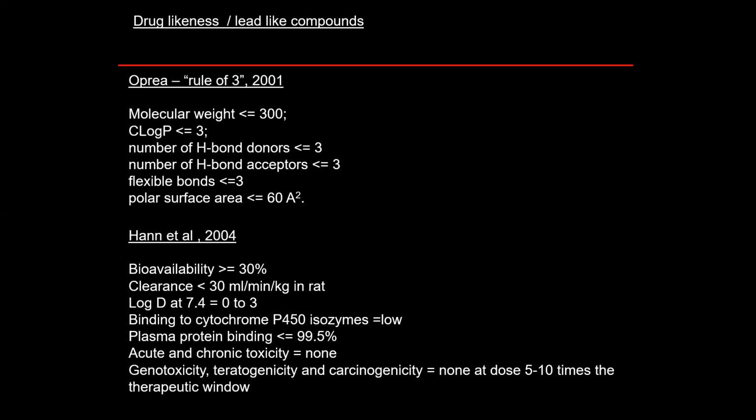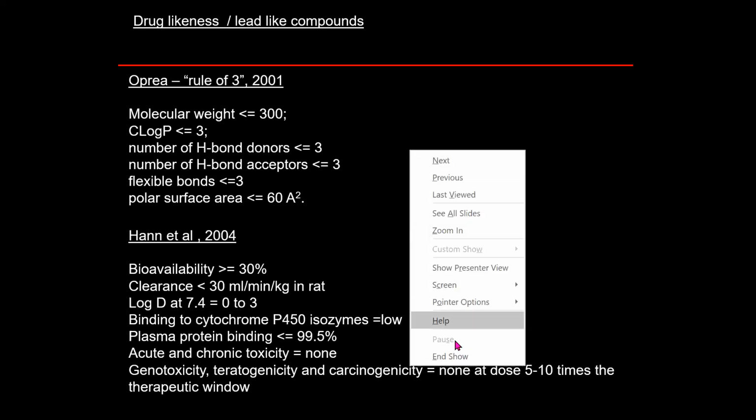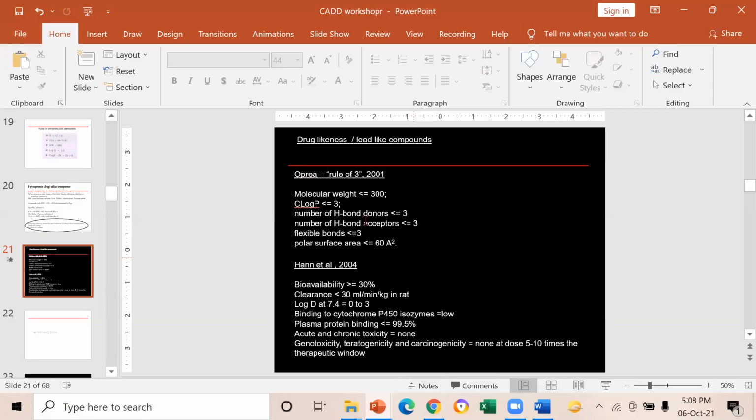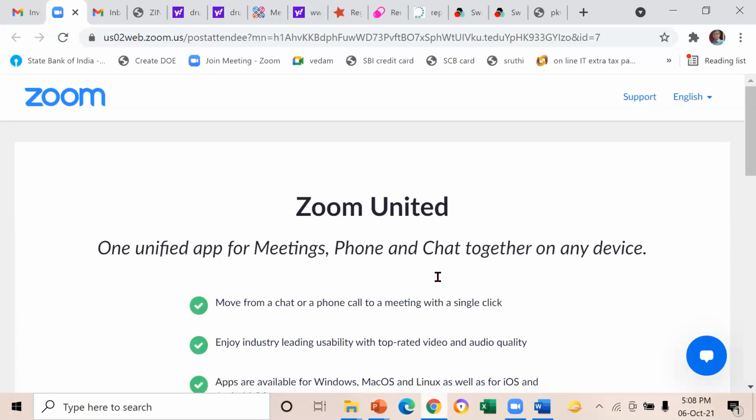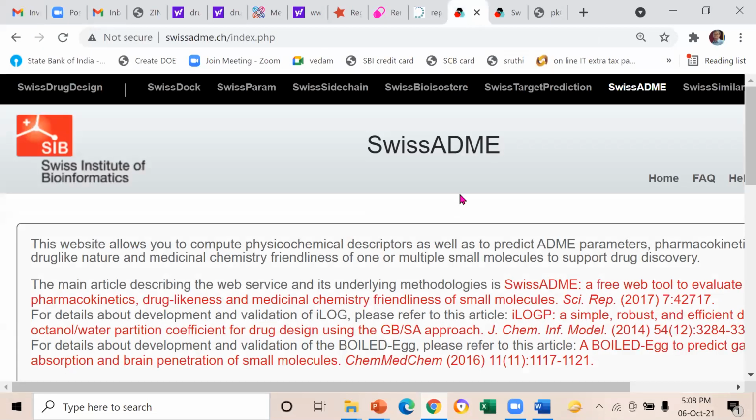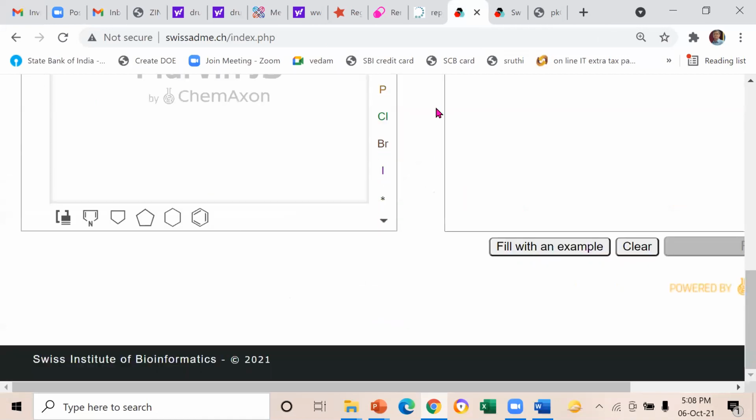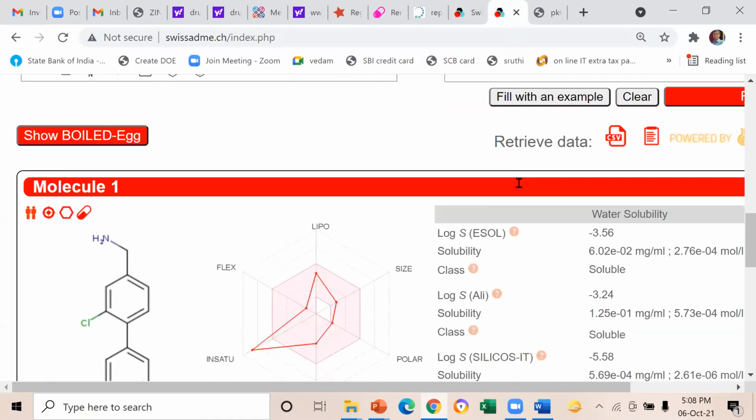So what we do is when we draw the structure and when we use Swiss ADME, for example, Swiss ADME also calculates these rules. I said I will talk about it later. Okay, so Swiss ADME calculates and gives you.